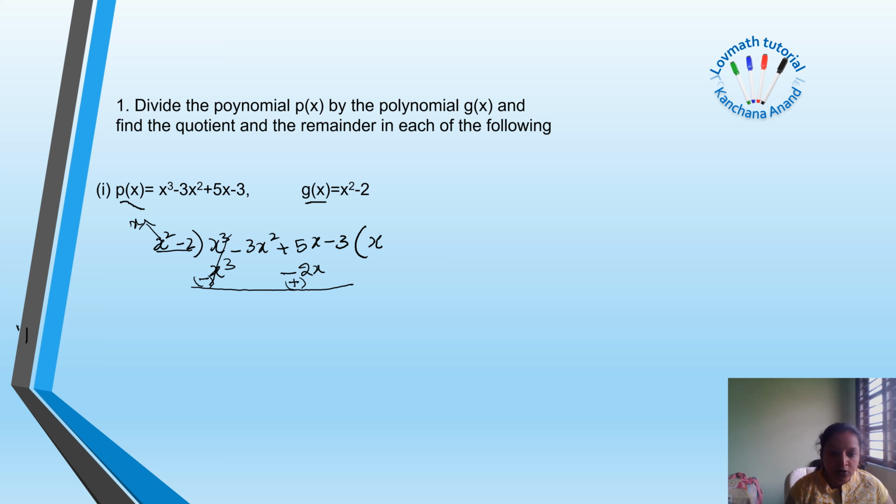Here plus 5x and plus 2x becomes 7x. Now let us take both minus 3x square and minus 3 down for division. Therefore, minus 3x square plus 7x minus 3.